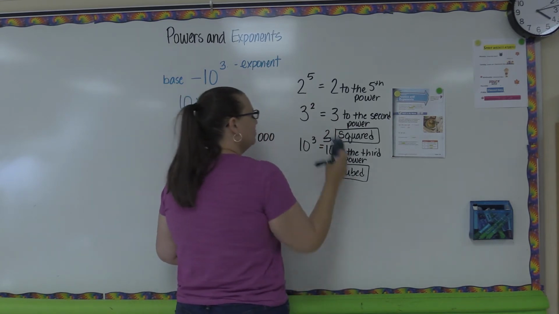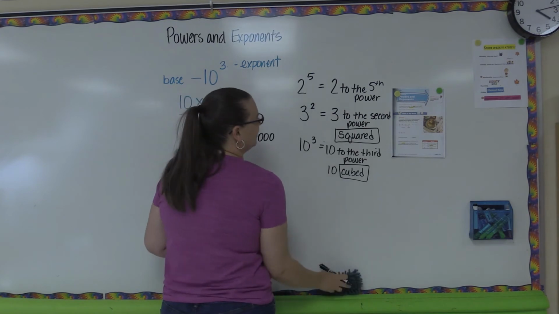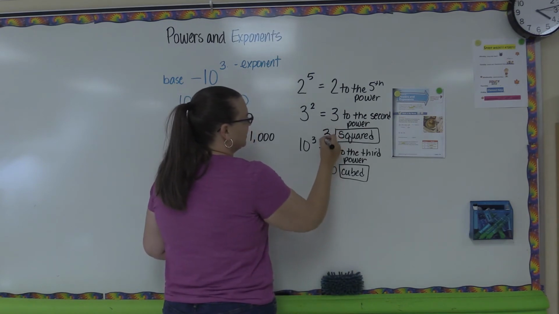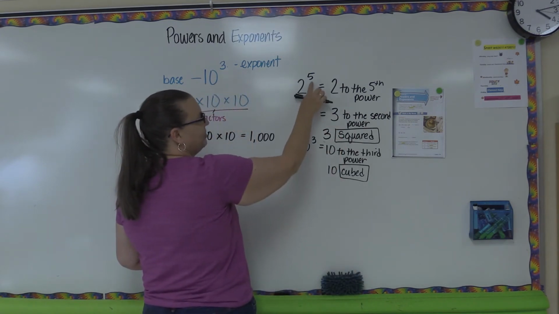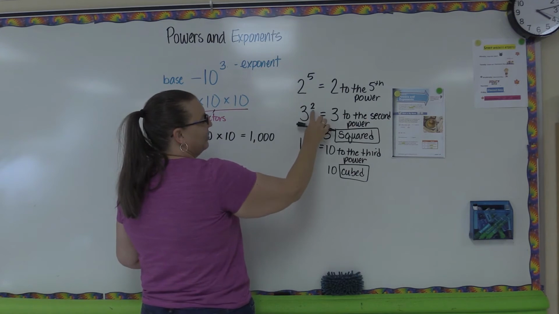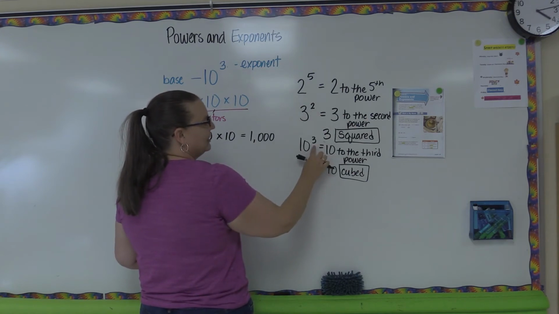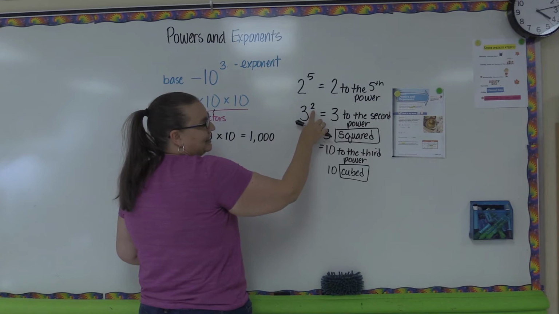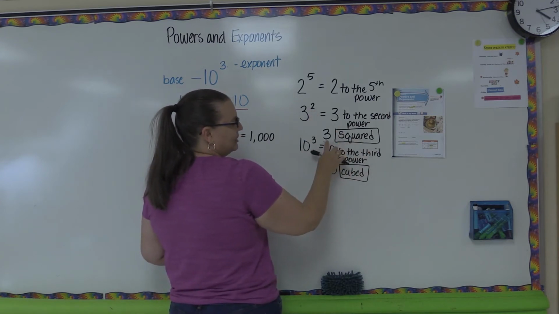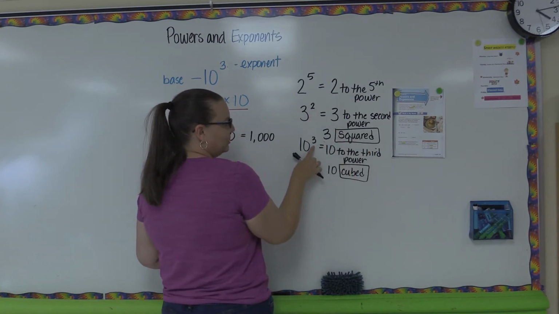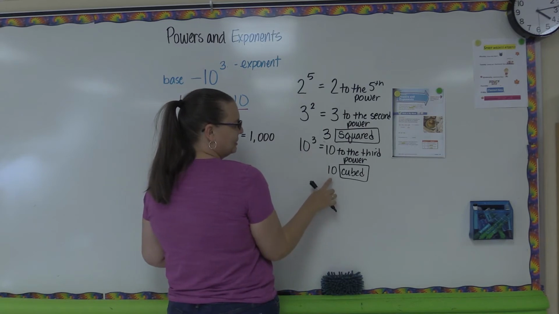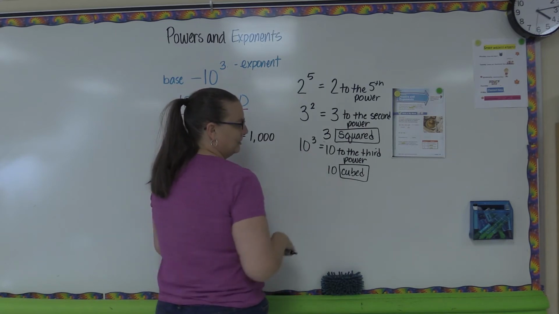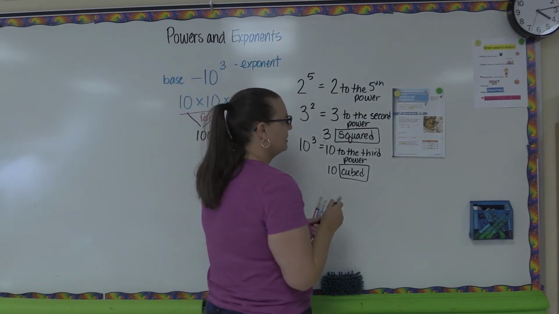That's a really ugly 2. Let me fix that for you. Should be a 3. That's how it's expressed. So 2 to the 5th power, 3 to the 2nd power, 10 to the 3rd power. If you see something to the 2nd power, it can also be expressed as 3 squared. Or if you see something to the 3rd power, it can be expressed as 10 cubed. All right, let's flip this over and see what we've got here.